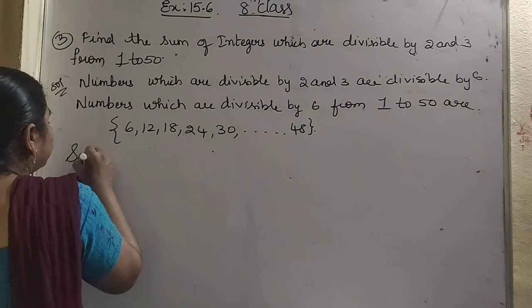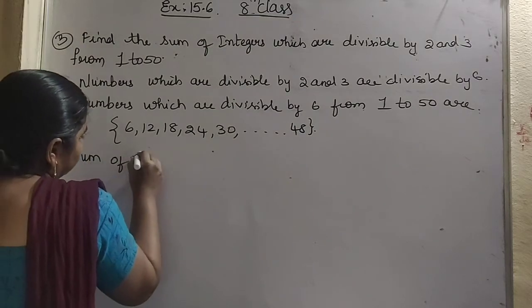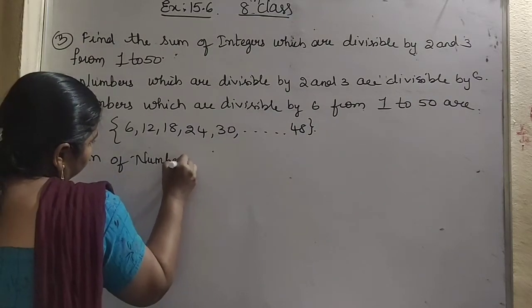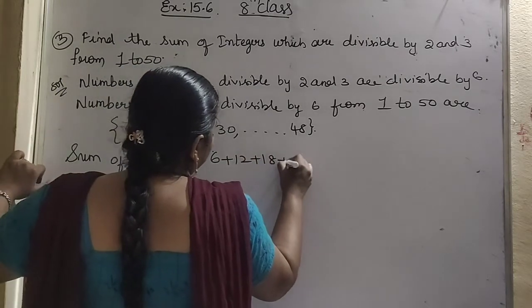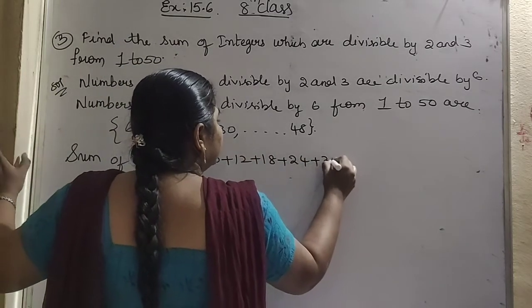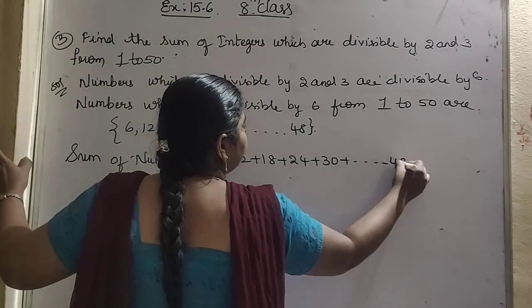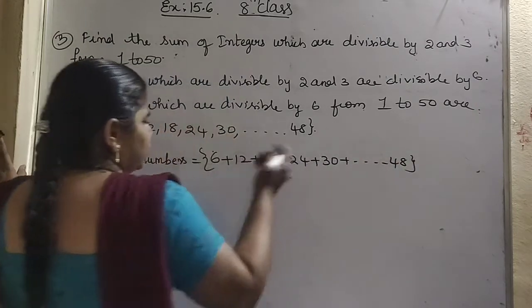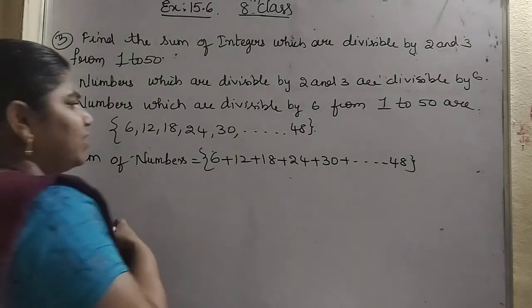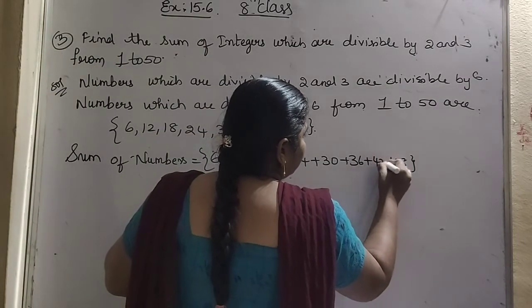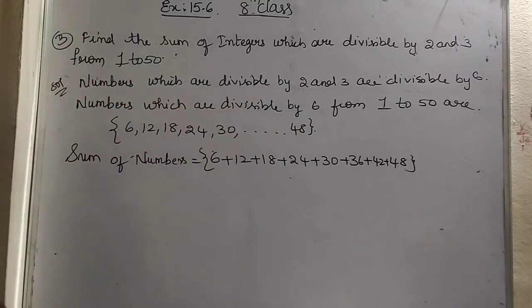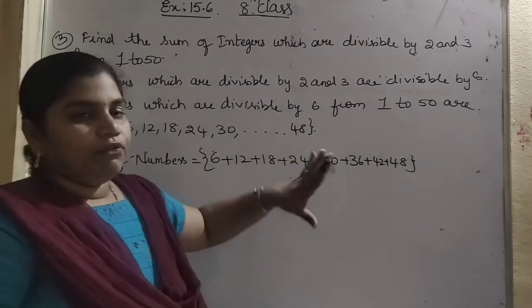The sum of numbers, that is 6 plus 12 plus 18 plus 24 plus 30 plus so on up to 48. So on you will get here 36, 42 plus 48. So these are the numbers which are divisible by 6 from 1 to 50.